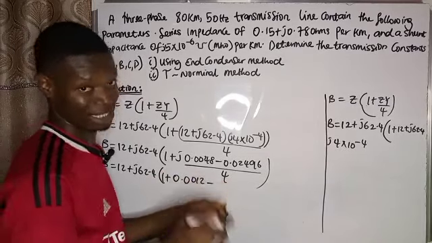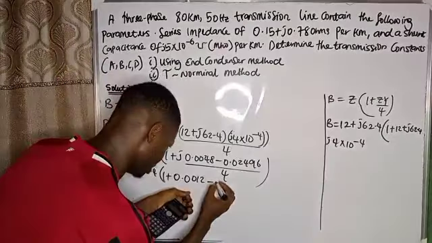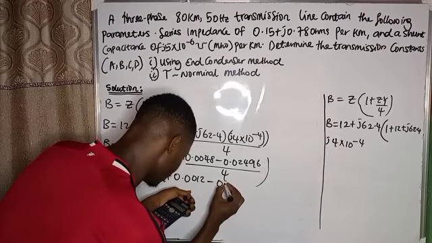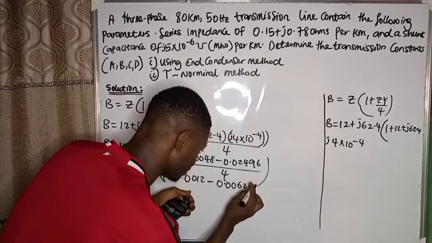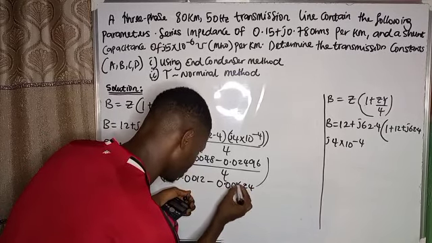Remember, my calculator gives me standard form, so I'm just converting it directly in my head. So I'm having 0.00624.